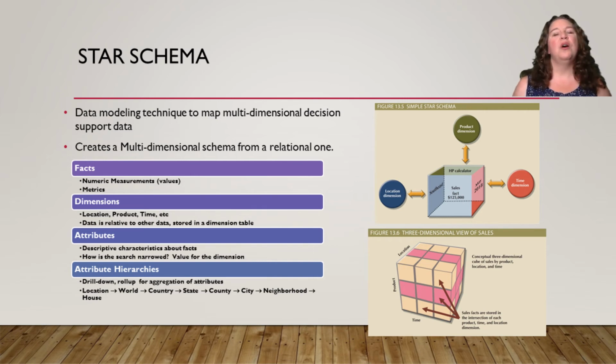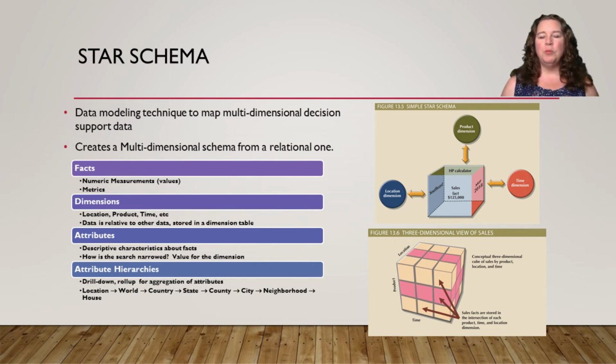So you can see how there are multiple dimensions, multiple pieces of information that we want to have that is relative to others. Everything in business analysis or business intelligence is going to be related to other pieces of information. So I want to say, how did this product do in this time and location compared to other products in this time and location?